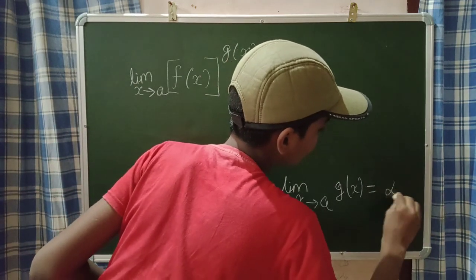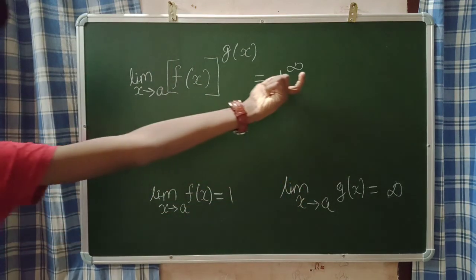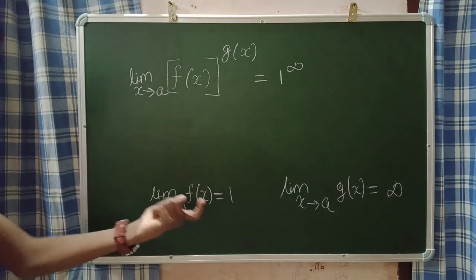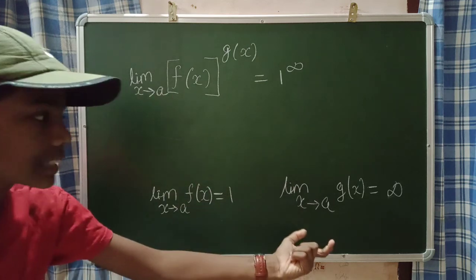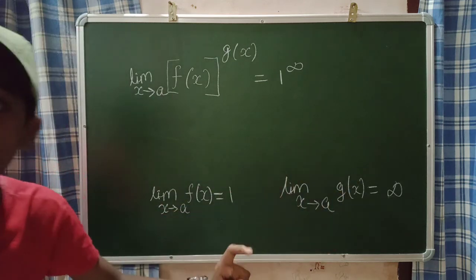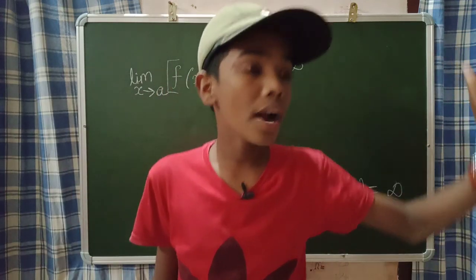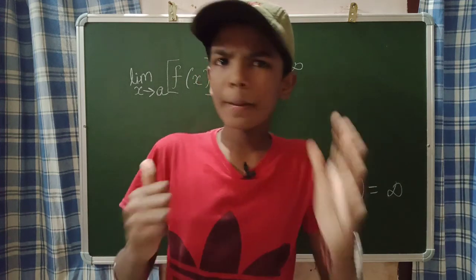Correct, guys? Because g of x is the power, and that is when your power will be infinity using a direct substitution method. So the limit of x tends to a of f of x should be 1, then only your base will be 1. And the limit of x tends to a of g of x should be infinity, then only your power will be infinity, and that is when you will get the form 1 to the power infinity, which is an indeterminate form. I hope that makes it clear.